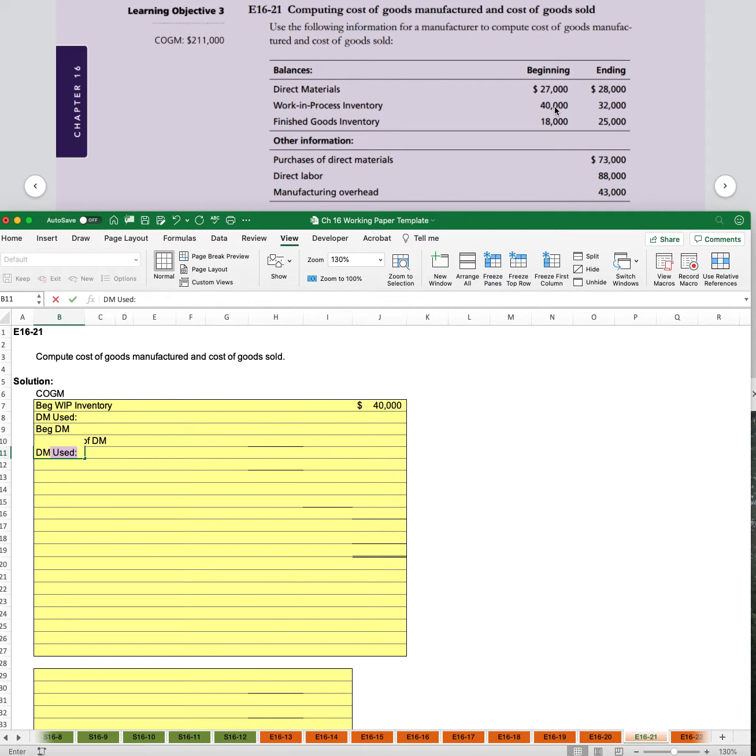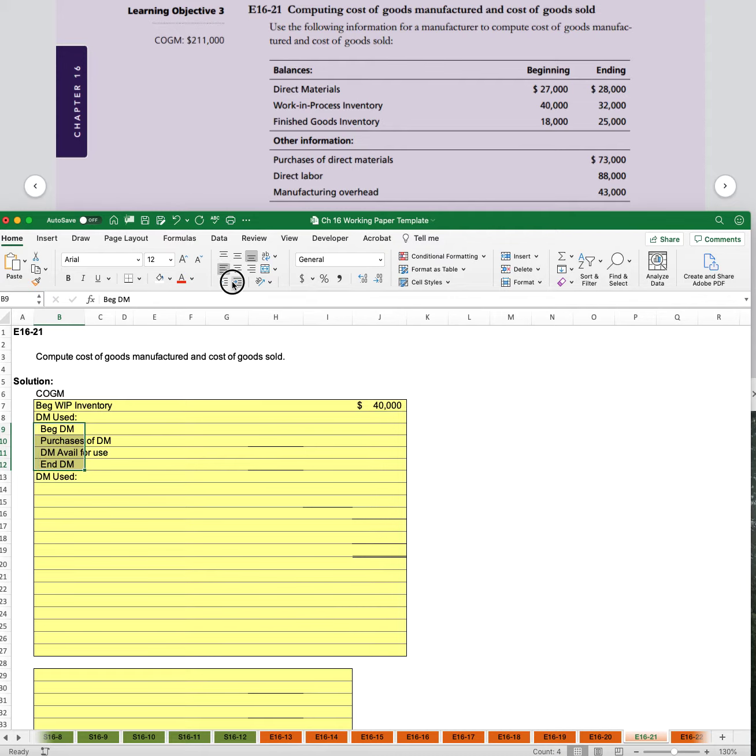And that'll give us direct materials available for use. And then we can subtract out our ending direct materials, and that will finally give us direct materials used. So, and then we're going to indent these. Okay, so this direct materials used is really just a label, so we'll come down to beginning direct materials.